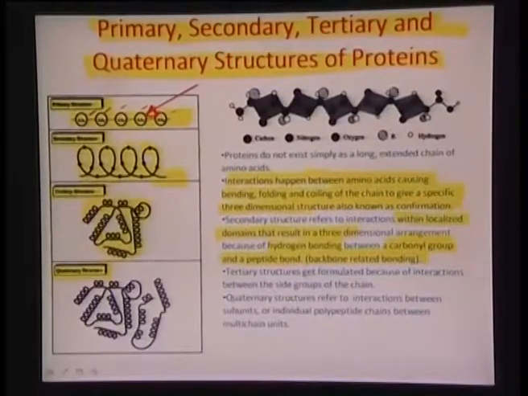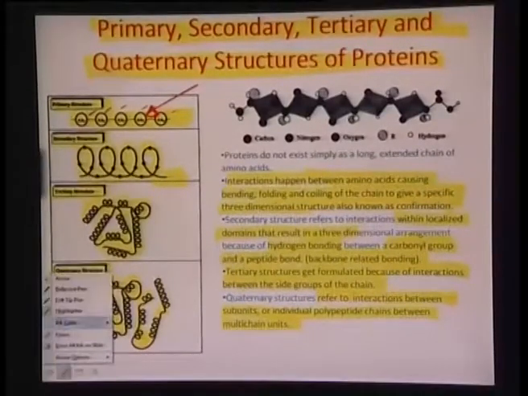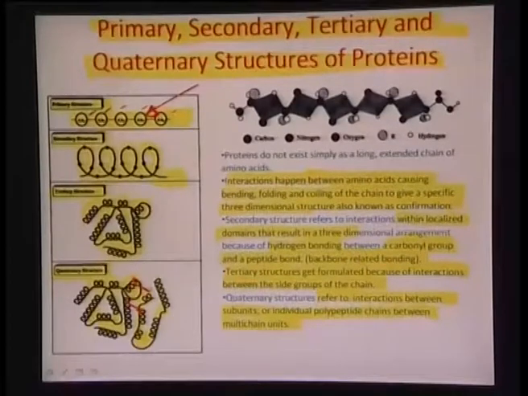It is formulated because of interactions between side groups of the chain in different regions of the same molecule. And then there is the quaternary structure, which essentially refers to interactions between subunits or individual polypeptide chains, between multi-chain units. So here, for instance, there is one protein present in this area, and another protein present independently in this area. So there are two tertiary structures present close by, and there are going to be interactions between the two structures.